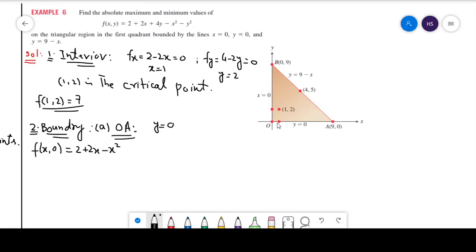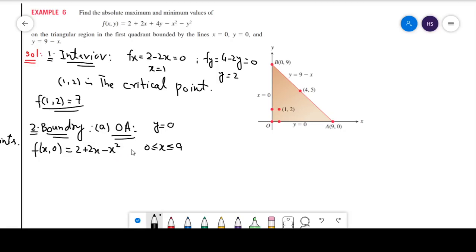What is the domain of this line segment? Of course, x goes from 0 to 9. So now this becomes a single variable question. You need to calculate the extrema of a single variable function, 2 plus 2x minus x squared, a quadratic.